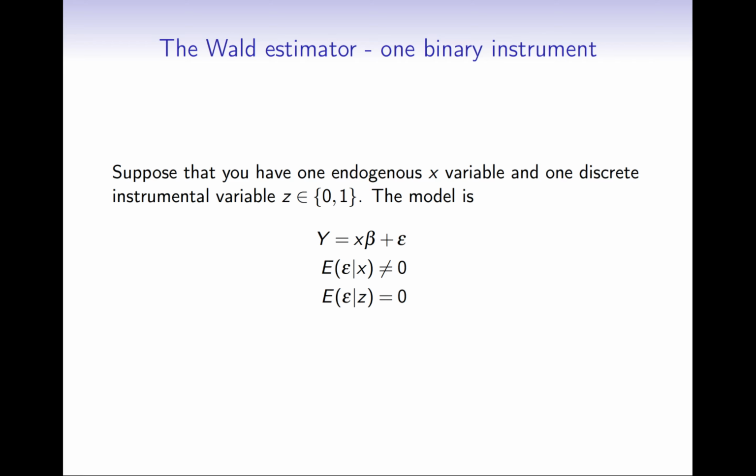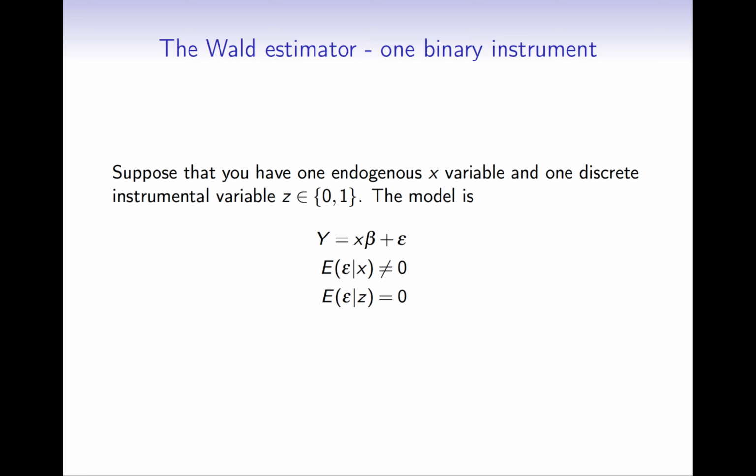So now there are some special results when you have binary instruments. I wanted to show you a little bit about what you can do if you have a binary instrument. It's more like a special interpretation of the estimator, and this is sometimes called the Wald estimator.